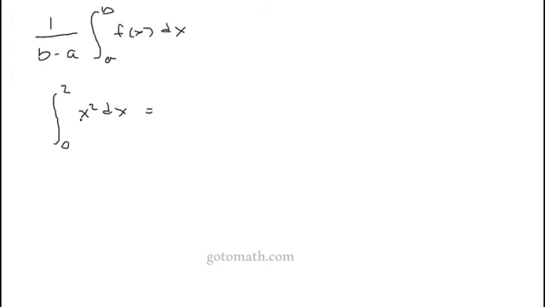We're going to integrate this thing. Okay, x cubed over 3 going from 0 to 2. And we have 2 cubed over 3 is basically going to be our answer, which is 8/3.